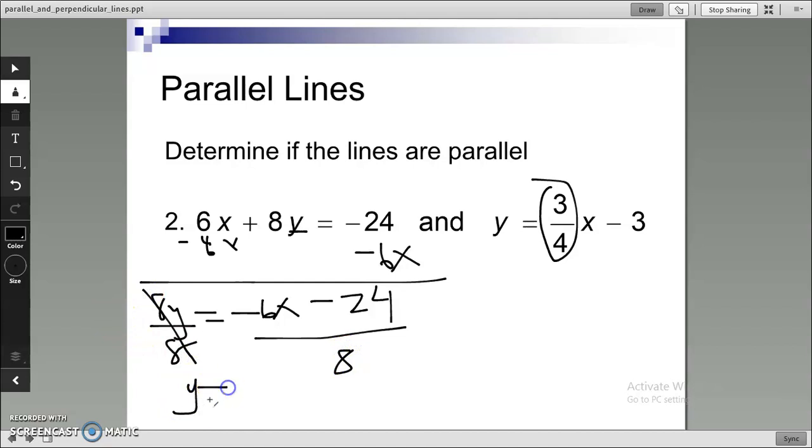So I get y equals negative 6 divided by 8. Let's go ahead and reduce now. So 6 and 8 both evenly go into 2, so I have negative 3 over 4x, and then 24 and 8 go into it 3 times. Here I have a negative 3/4 and a positive 3/4. They are not the same. One is negative, one is positive, so they are not parallel.